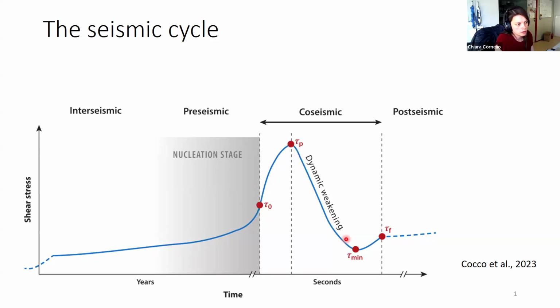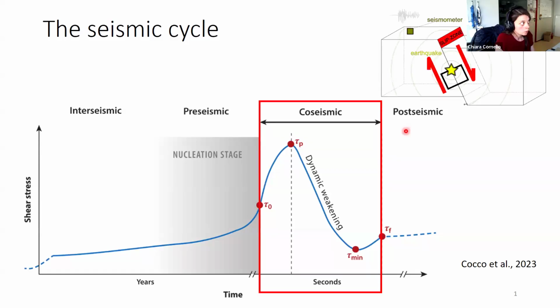Then there is an abrupt decrease of the shear stress from the peak value to the minimum, and this happens in a few seconds. Then there is a recovery of the shear stress to its final value before the start of the post-seismic phase. So today we will mainly focus on the coseismic phase of the seismic cycle.